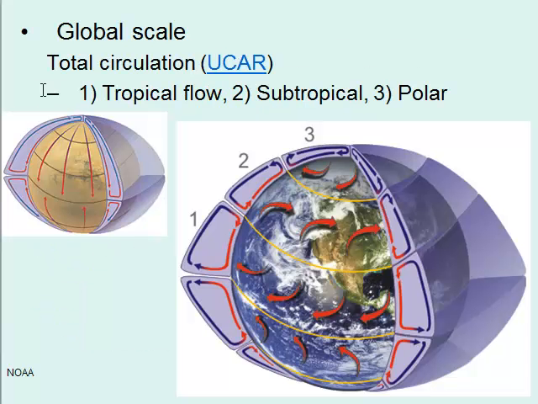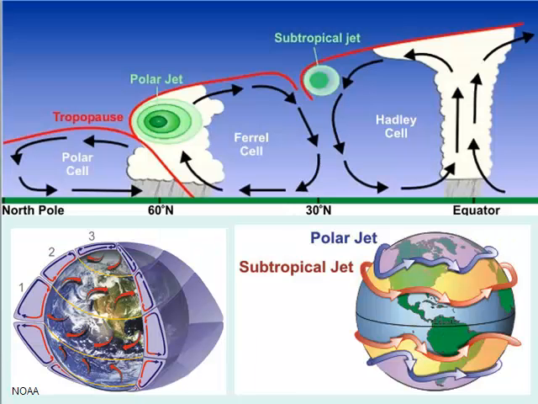So just to breeze through these slides real quick, global scale, remember we have our 3 circulation cells. There's tropical flow, or the Hadley cell, subtropical flow, or the Ferrel cell, and then the polar circulation or polar cell that are continuously rotating air throughout the atmosphere, developing these atmospheric currents and bands where we're going to see areas that produce lots of precipitation and cloud cover and low pressure zones.